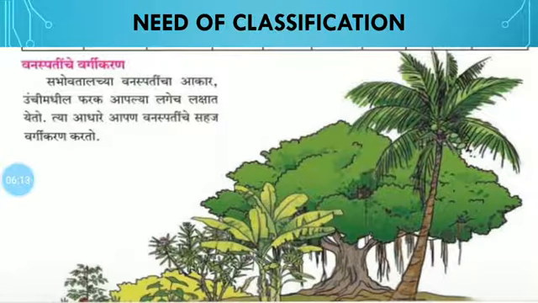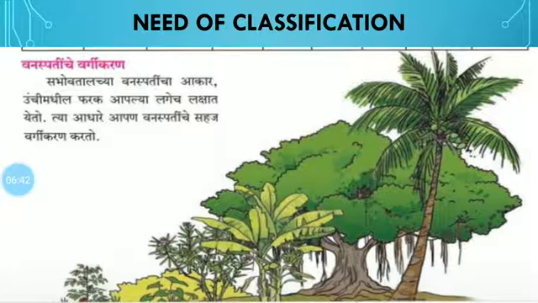Classification of plants. We can easily notice the differences in the shape and height of the plants in our surrounding. It is easy to classify the plants on the basis of this observation. Okay, on the basis of observation we can classify them. What are the similarities between mango, banyan and tamarind tree?